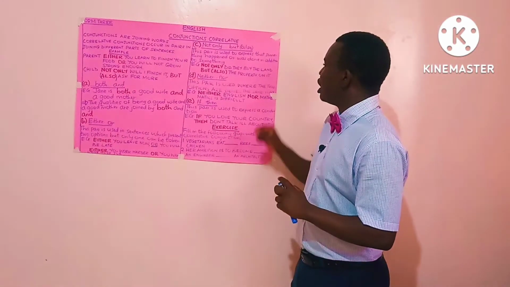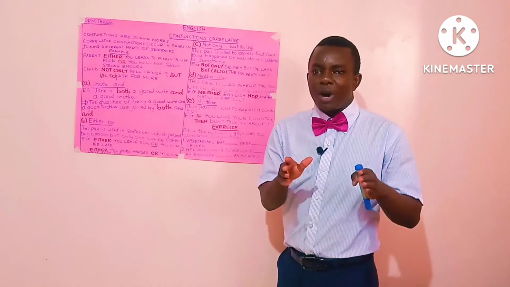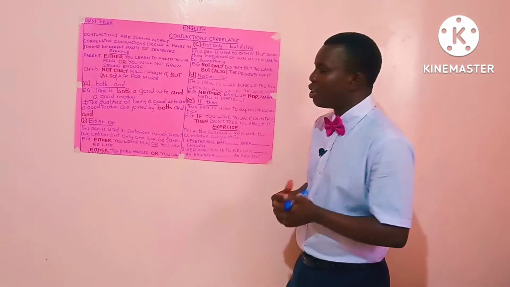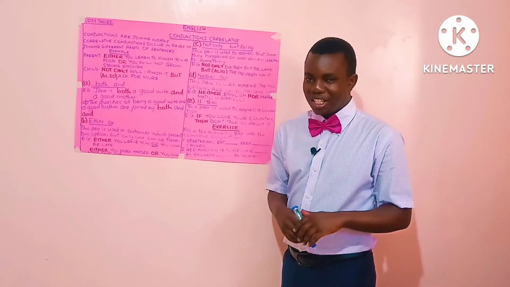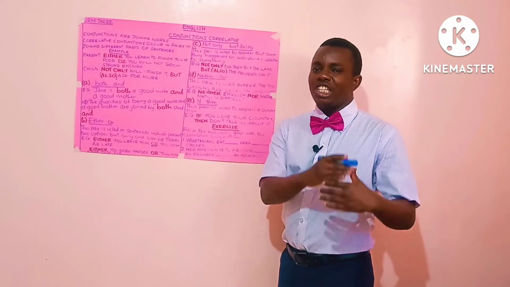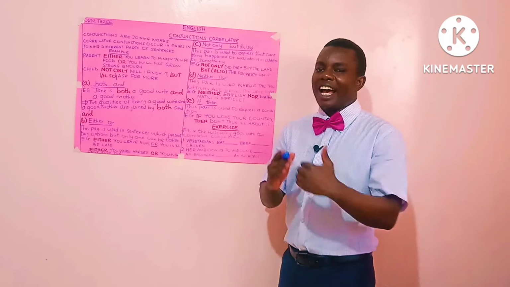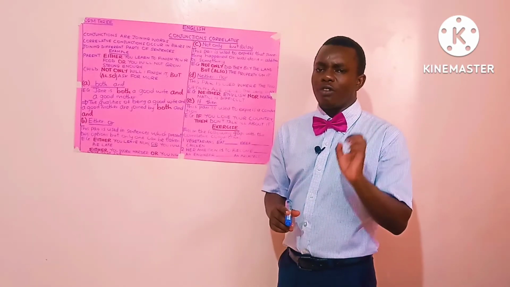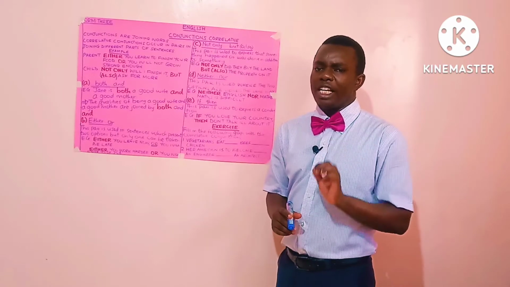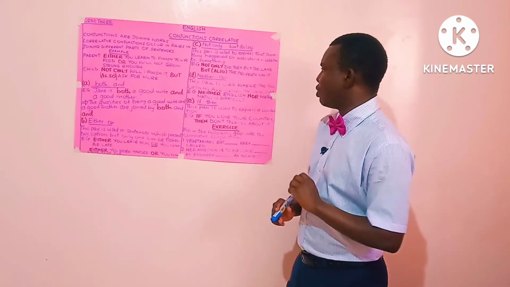This pair is used to express that something happened or was done in addition to something. If you want to show that in addition to what took place, there is another that took place, then you use the correlative conjunctions not only and but also.